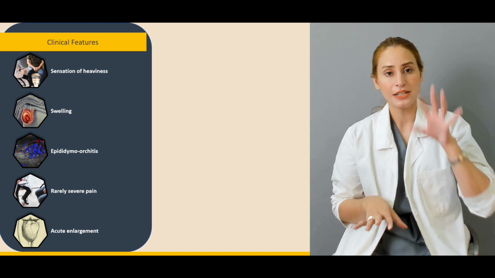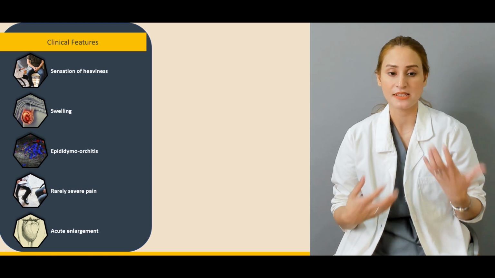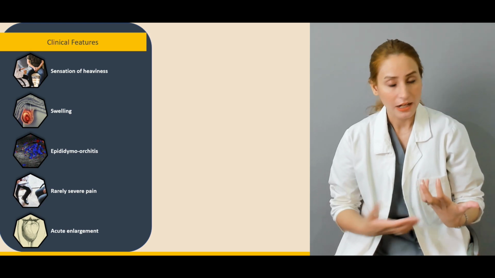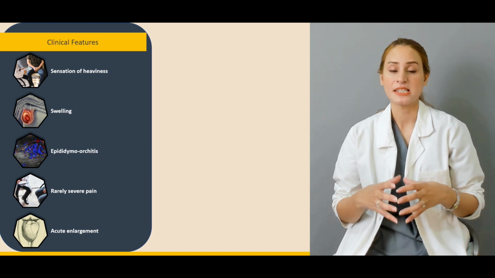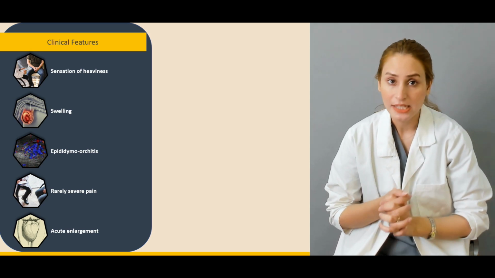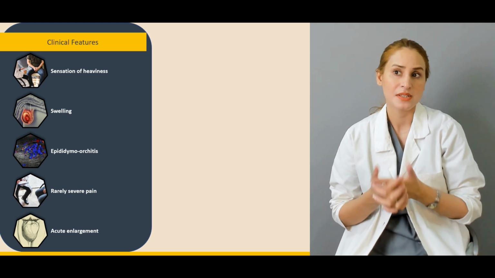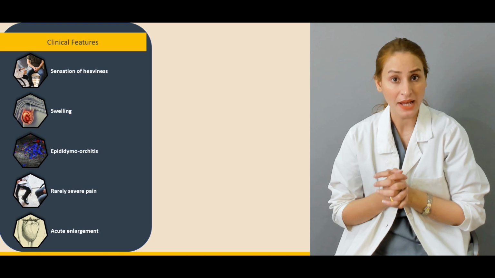But these are the early symptoms. In the later stages, like in the grade 4 tumors, which have already metastasized into the abdominal cavity, the patient will present to you with abdominal pain and sometimes a palpable mass as well.